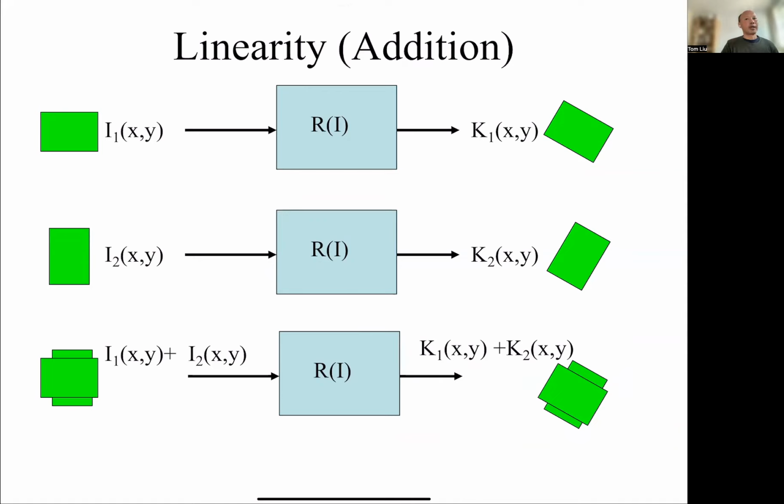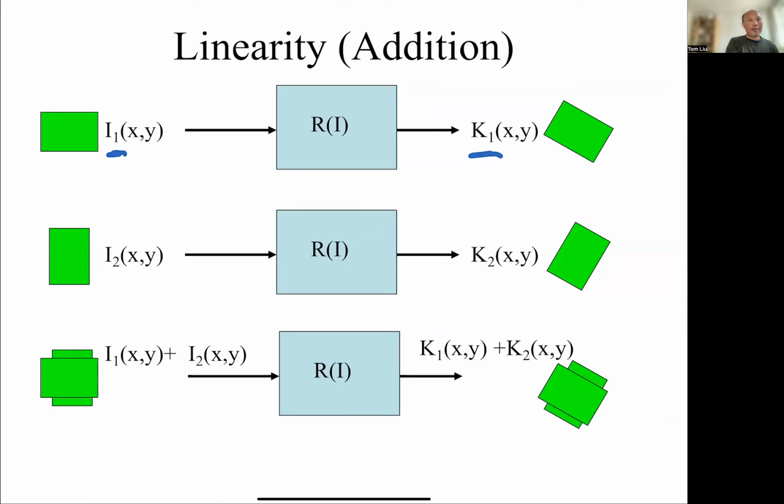There are two properties of linearity for linear systems that you'll review. Linearity is pretty simple. Here I have an object I sub 1, and it gives me an output K sub 1.